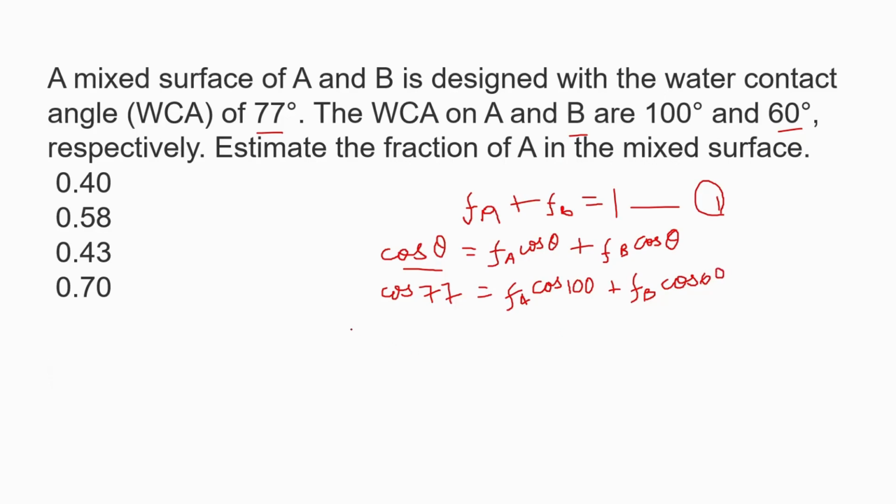Now writing their values, cos 77 is 0.2249.